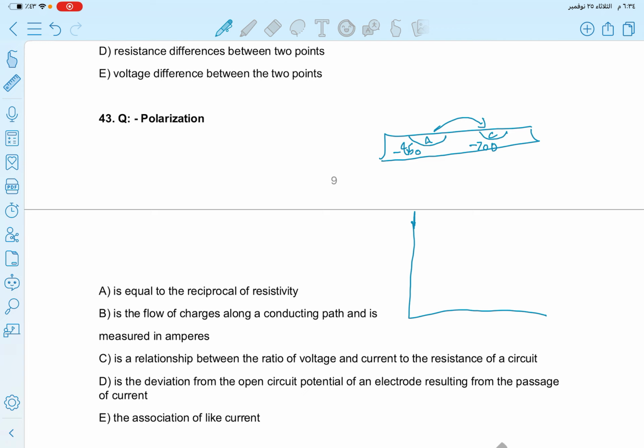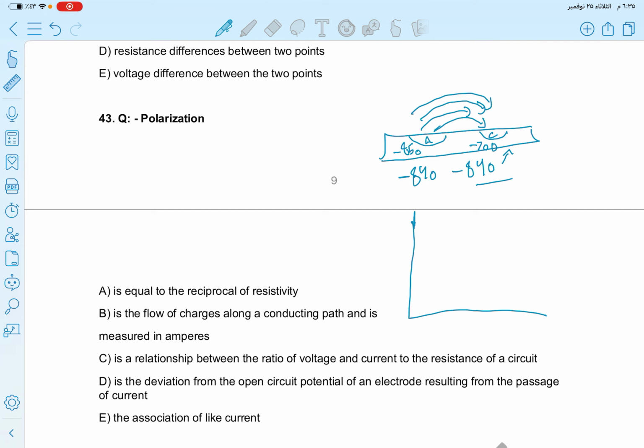Because of current flow, current will flow over the time. So the potential for the cathode will increase to reach minus 840, and the anode will decrease and become minus 840.